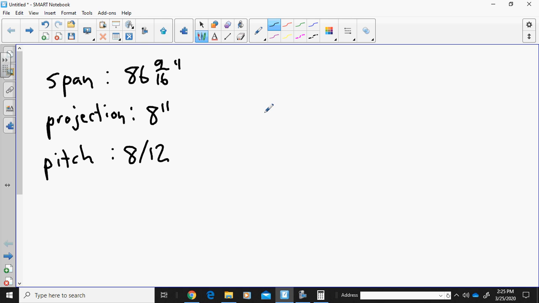So remember, we used to be doing this triangle. So you got the wall plate, the wall, and do my diagram again. Okay, so we have our rafter sits on the wall plates.